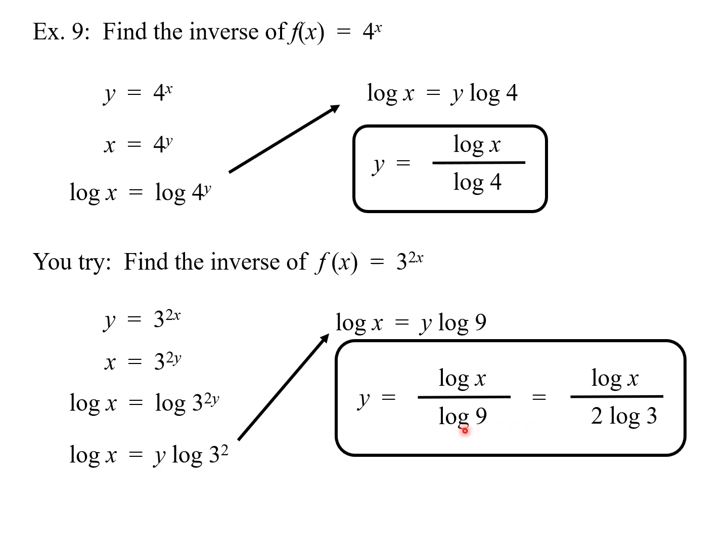And the reason for that is the log of 9 and 2 times the log of 3 are the same number. Prove that to yourself. Find the log of 9, then find the log of 3 and double it, and you will find that those are the very same number. So this would be acceptable, and this would be acceptable, because they're both the same.